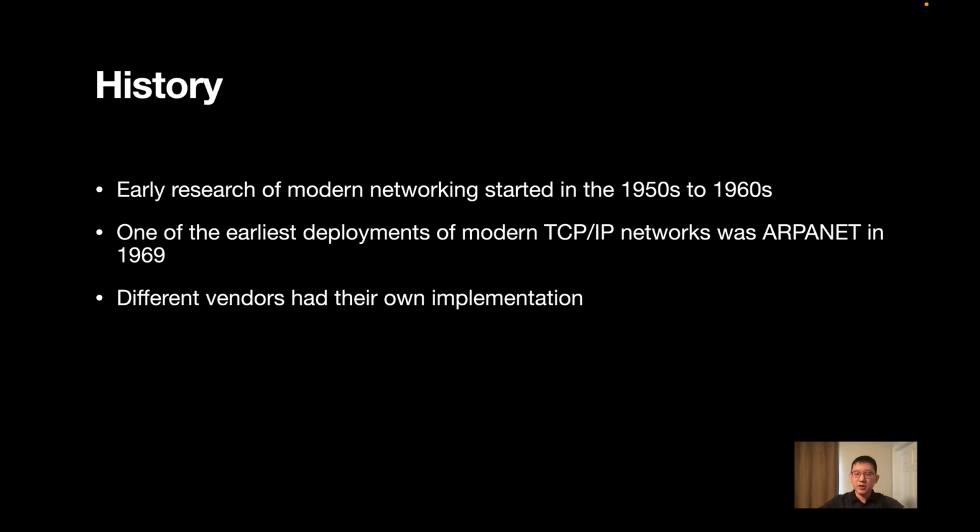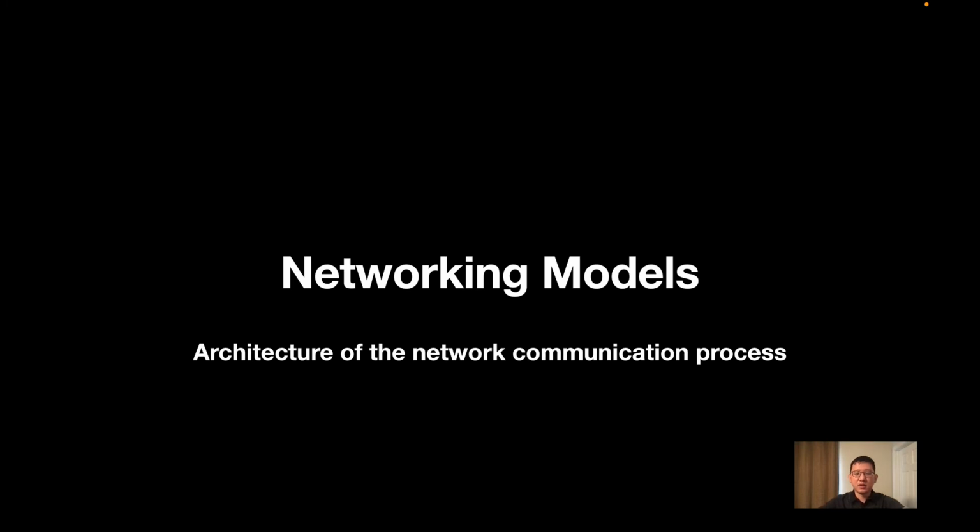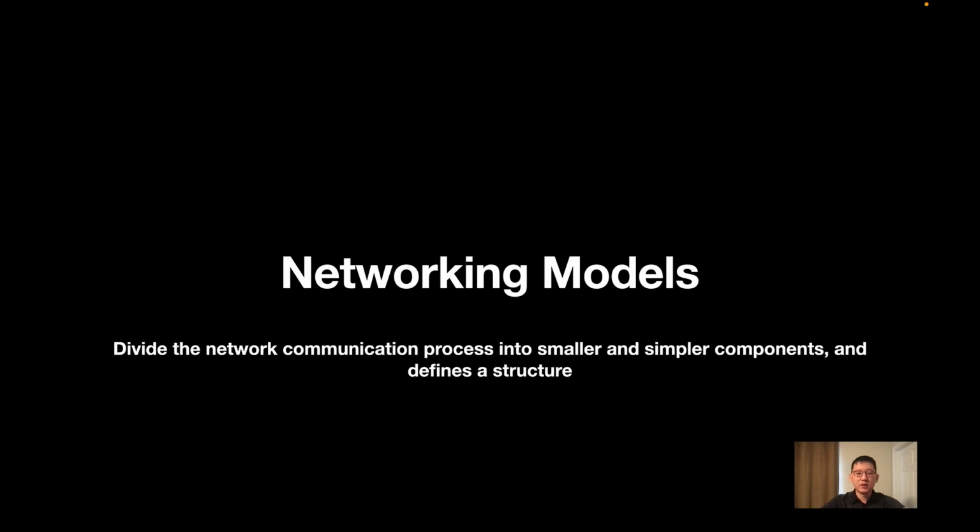Now, the networking process is very, very complicated. So how did all these vendors come up with their implementations of networking? Well, they use something called a networking model. And a networking model is basically the architecture of the network communication process. And it breaks down the network communication process into smaller and simpler components and defines a structure for them. Why did we create these networking models that divide the process into smaller and simpler components?